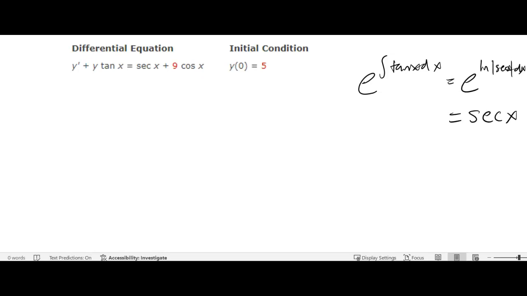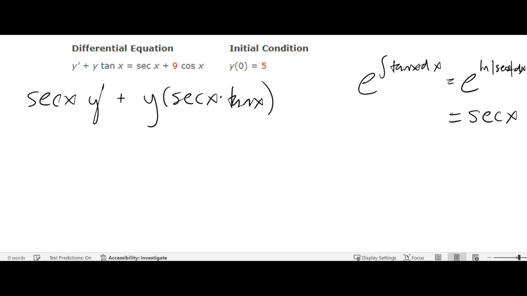Okay, so that's nice. Let's see what happens. I'm going to multiply everything by that. So multiply both sides of this equation by the secant function. So that gives me secant x times y prime plus y times secant x times tangent x.